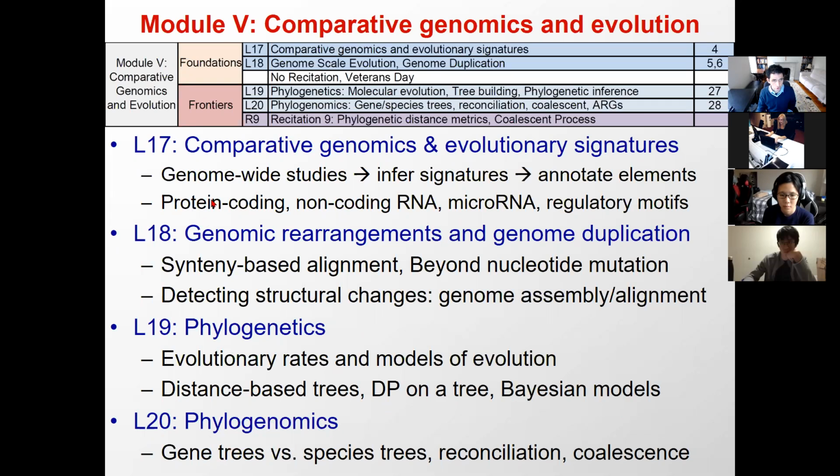And then with phylogenomics, it's going to be very similar to today's lecture on using global signatures to understand individual local events. And we're going to be looking at gene trees and species trees and reconciliation and coalescence.